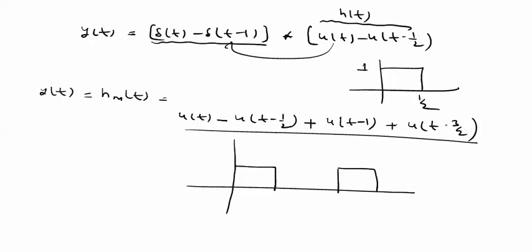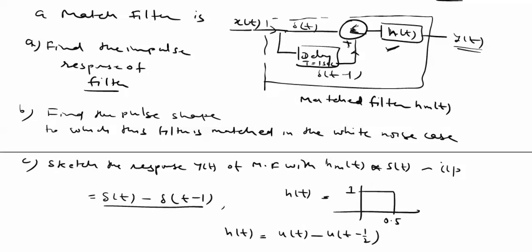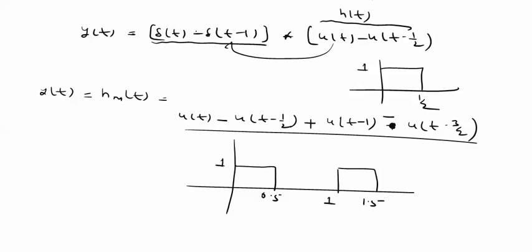This is plus and minus. The second I draw this way, 1 and 1.5, because when we apply an impulse here there is a summer, so the impulse response is plus, and again plus here. We multiply and get the result this way. This is the impulse response.